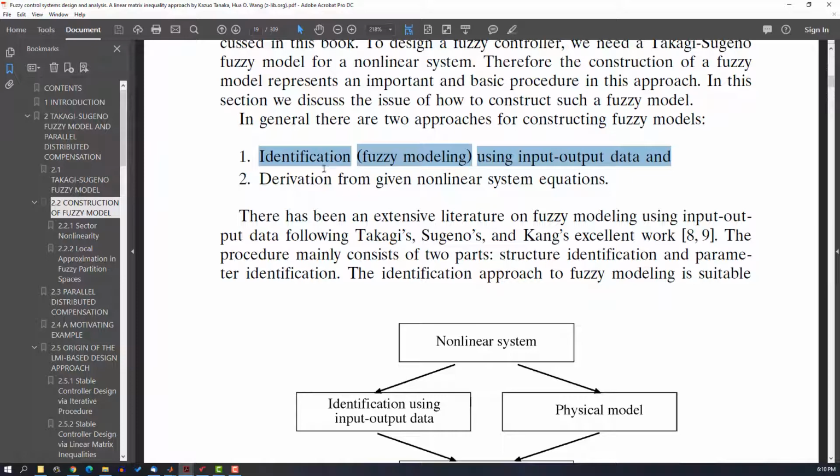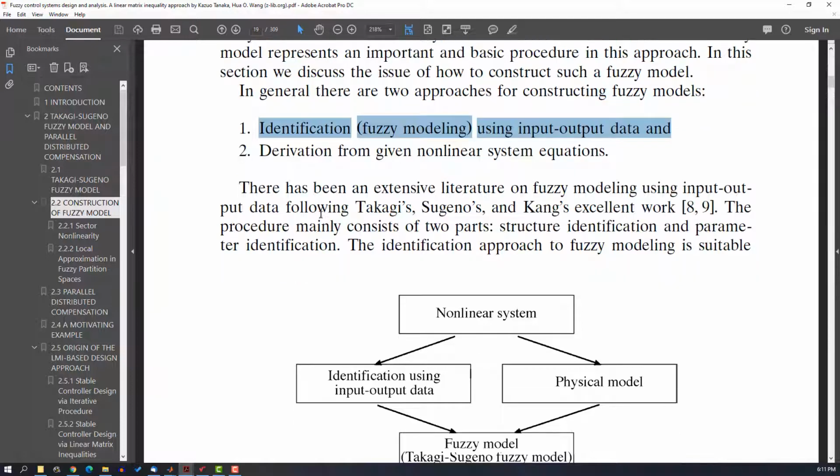The identification covers the structure of the system, the parameters, or something like that. It depends on particular cases. It applies when you have the data and you already know somehow the structure of your system.